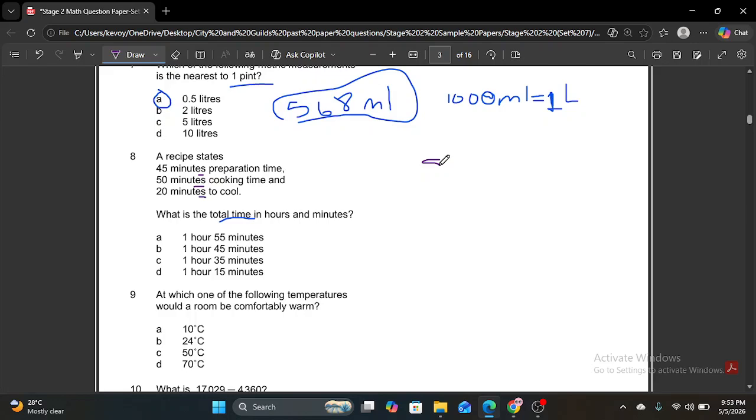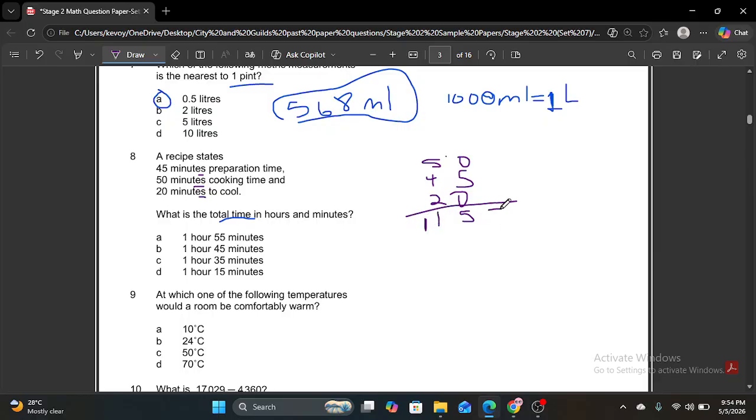So that's 50 minutes right here, for the 45 minutes and the 20 minutes. Add them together. 0 plus 5 plus 0 is 5. 2 plus 4 is 6. 6 plus 5 is 11.